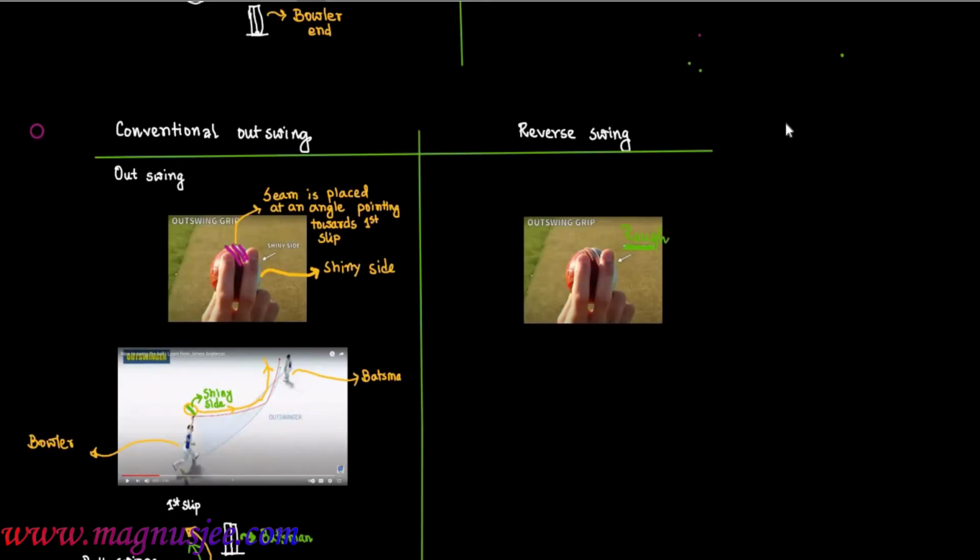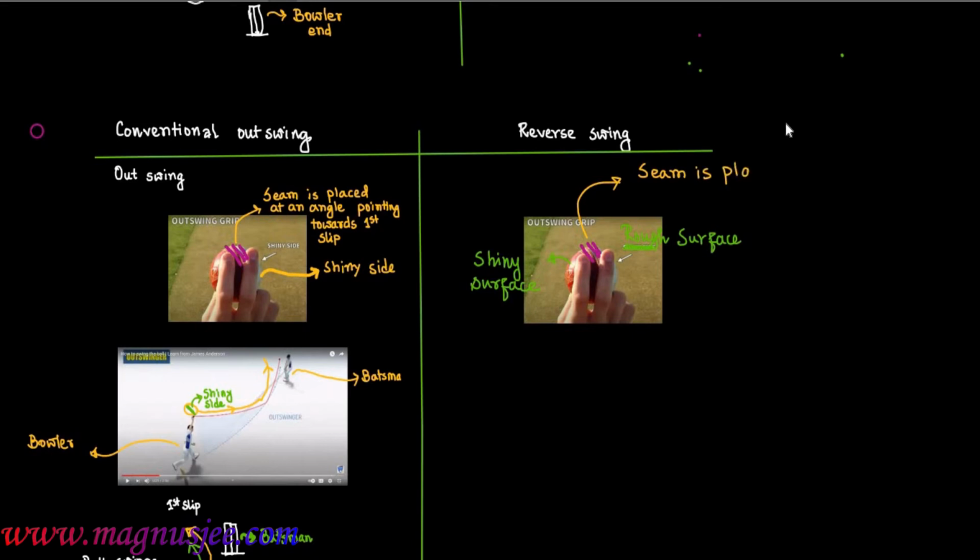Now we can compare conventional outswing and reverse swing. For reverse swing, the rough surface is placed towards the batsman's end, and the shiny surface exists on the other side of the ball, the outward end with respect to the wicket. The seam is placed same as the conventional outswing.